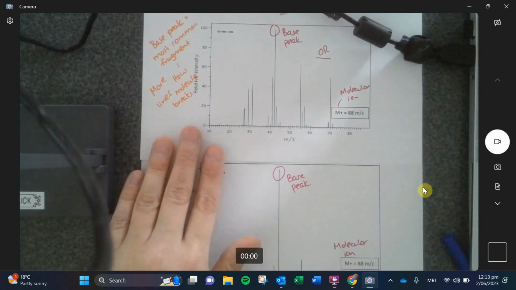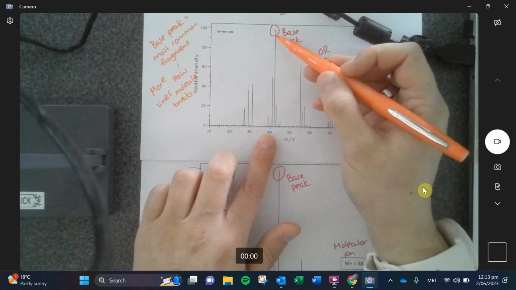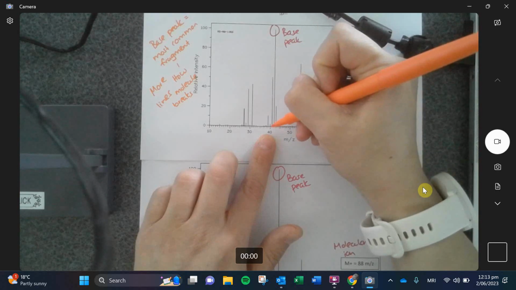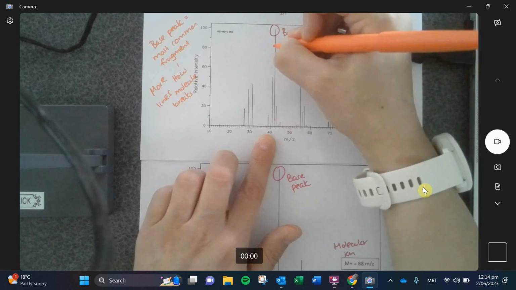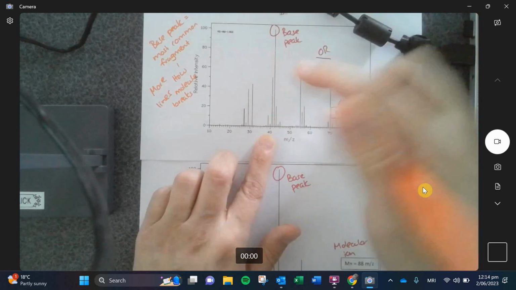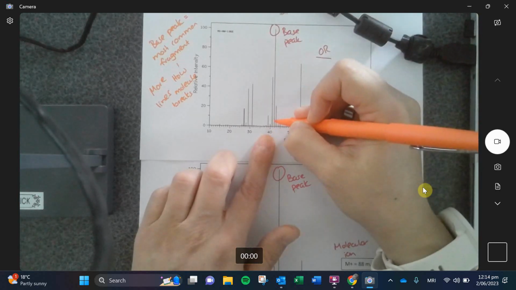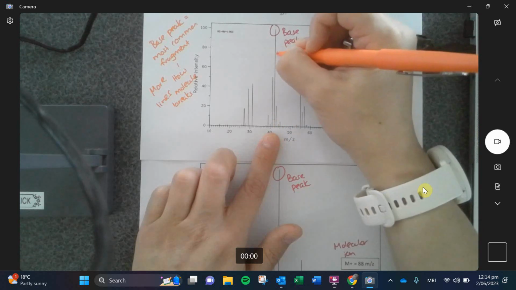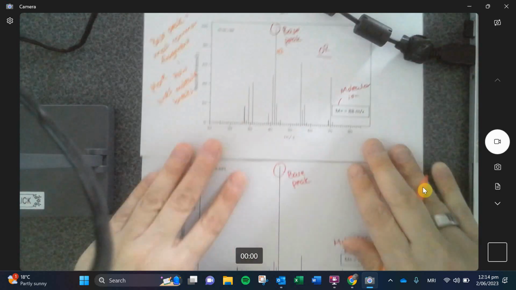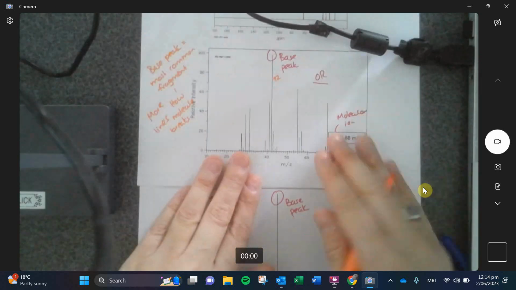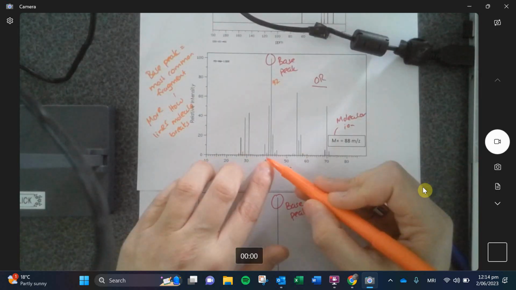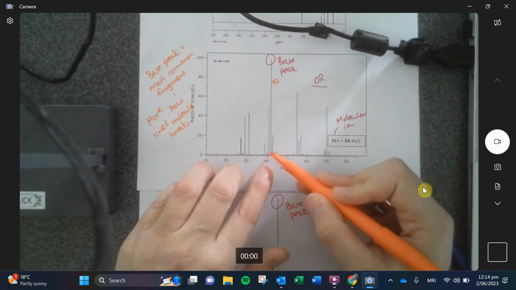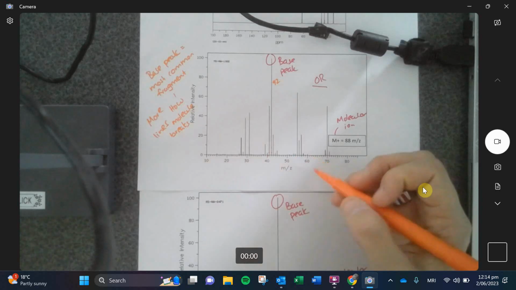When I'm looking at this one, the base peak for my first molecule is at 40, 41, 42. Is that right? Am I counting it correctly? 42. Whereas this one, is it 43? Am I just miscounting? 40, 41, 42. Yeah, 42.